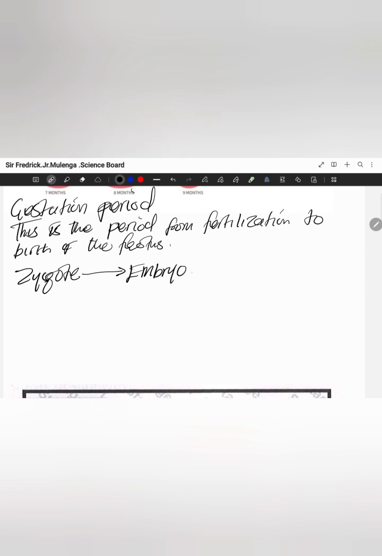Then after a few weeks, a few months, we are going to have a fetus. I know when I write this, you are thinking of pronouncing it as foetus, so that you don't forget the spelling. From there, we are going to have a newborn baby, a baby being born.